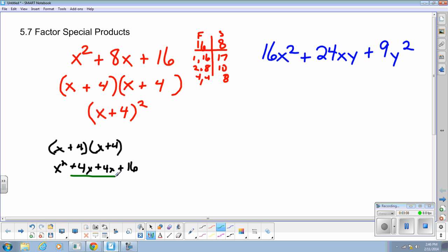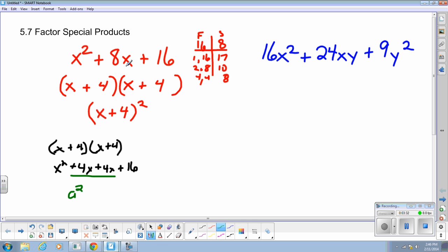What I want you to notice is that in the middle, the two terms are identical. So I actually have two of these 4x terms, which, when I FOILed, I got a 4x here and a 4x here. So the pattern is this: when you look at the trinomial, the first term is a perfect square, a squared.